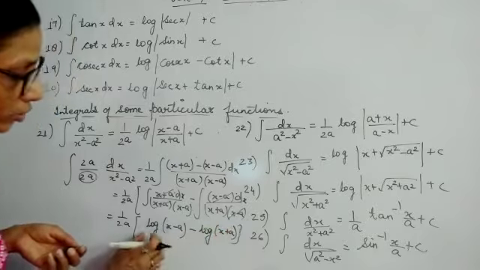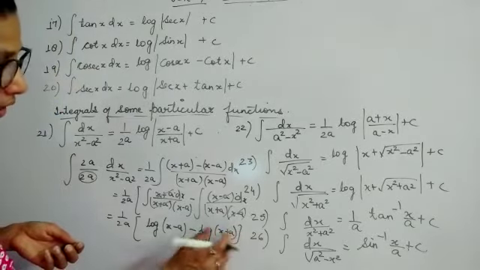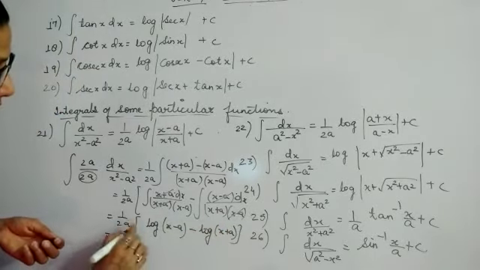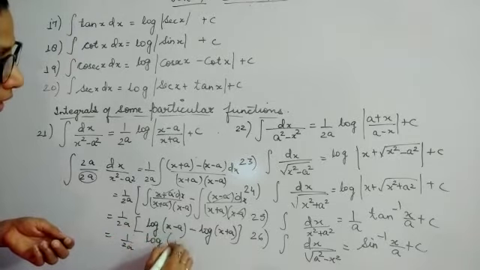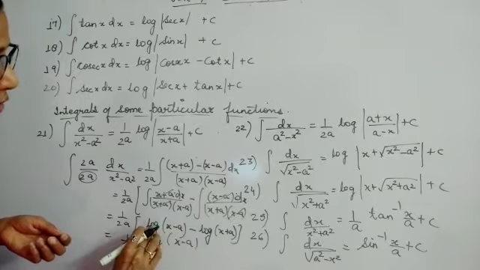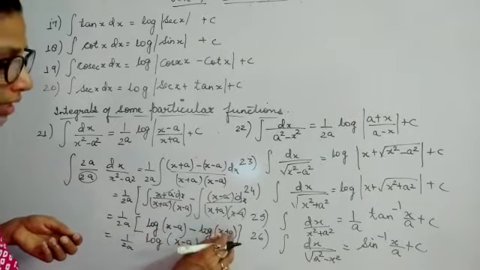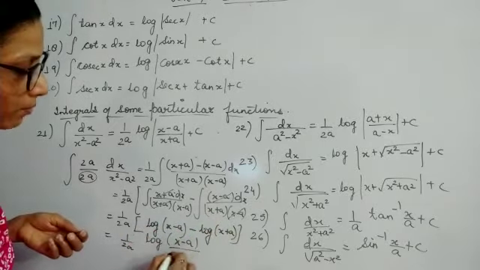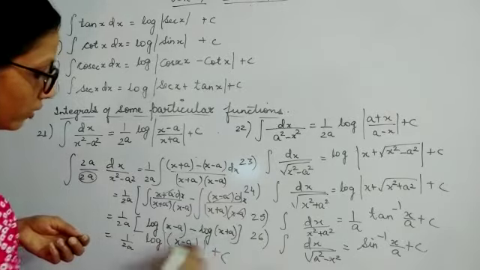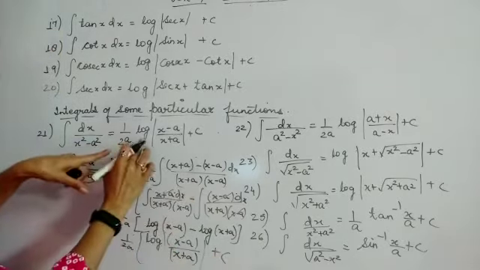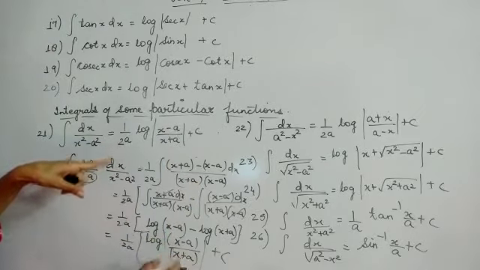Here now this is log of m minus log of n, which can be written as 1 upon 2a log of x minus a. That means log m minus log n gives you log of m upon n. So this is the formula which I have written over here: 1 by 2a log of x minus a upon x plus a.